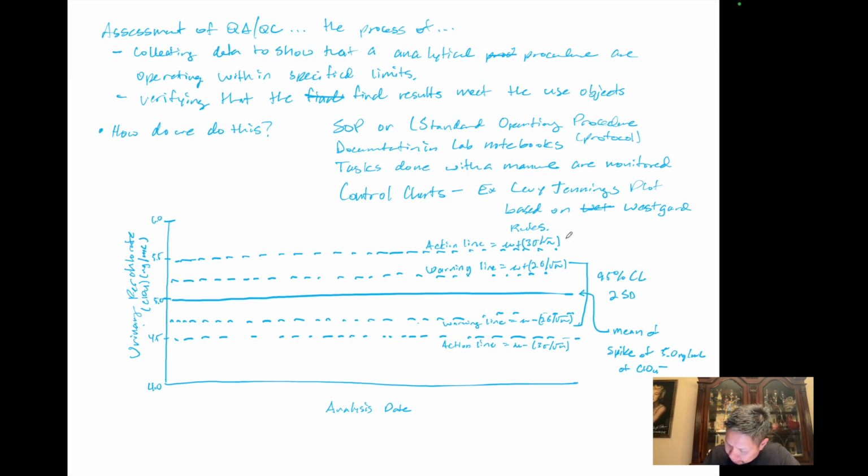And then the action lines, those are the 99% confidence level, or 3 standard deviations away from the mean, right?